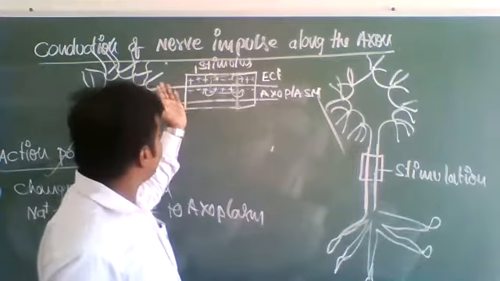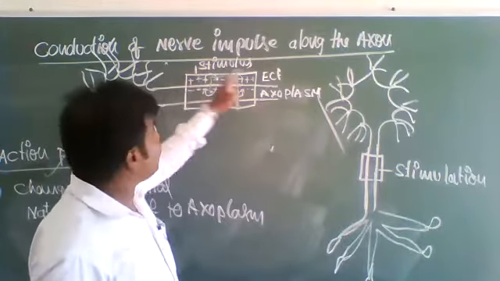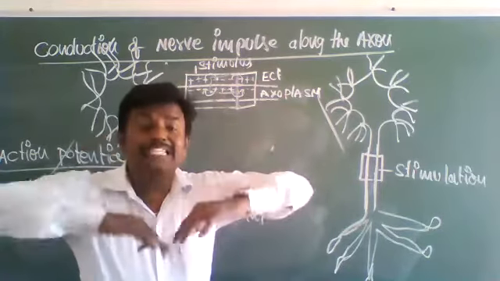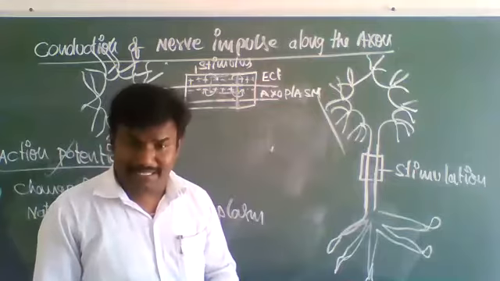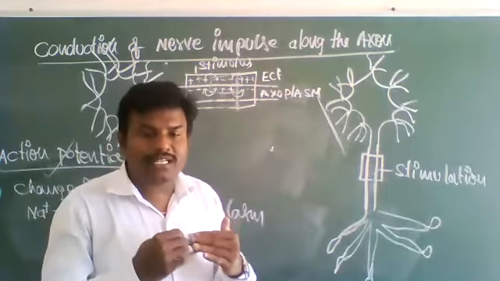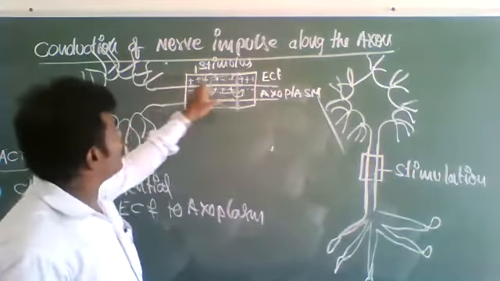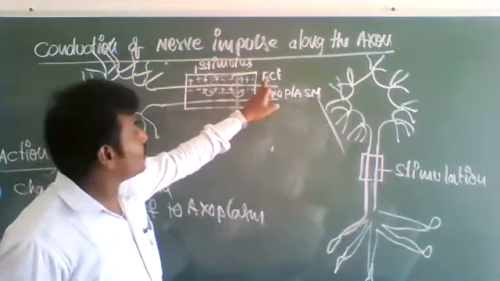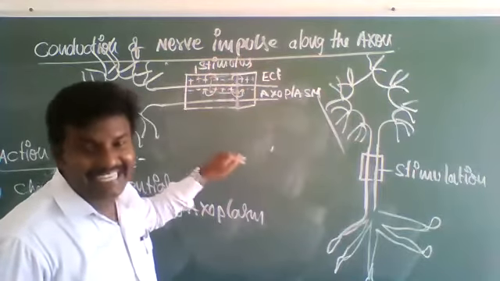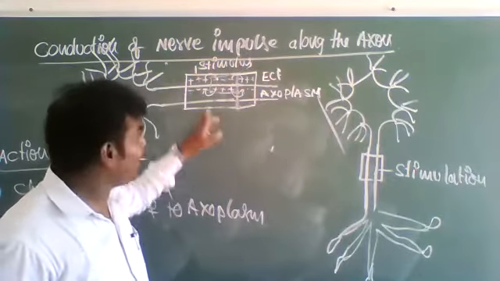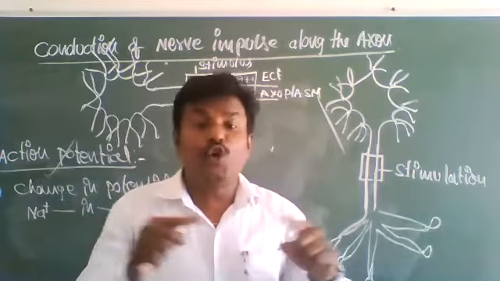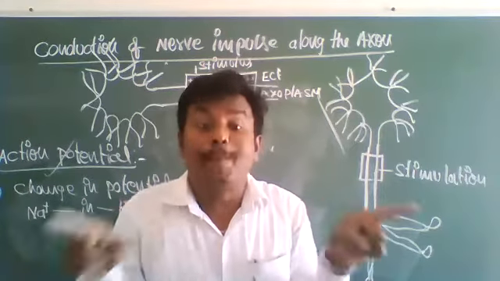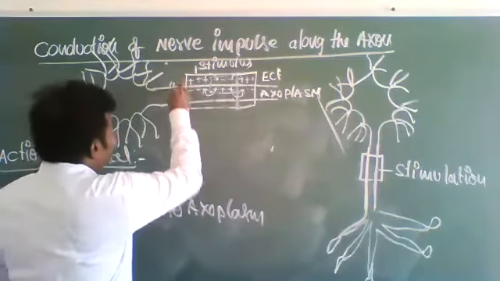During the excitable state, the sodium ion gradient outside is more. Yesterday also I said this point. When the sodium ion concentration is more, the sodium ions from the extracellular fluid enter inside. I said earlier, the sodium ion gated channel is opened.